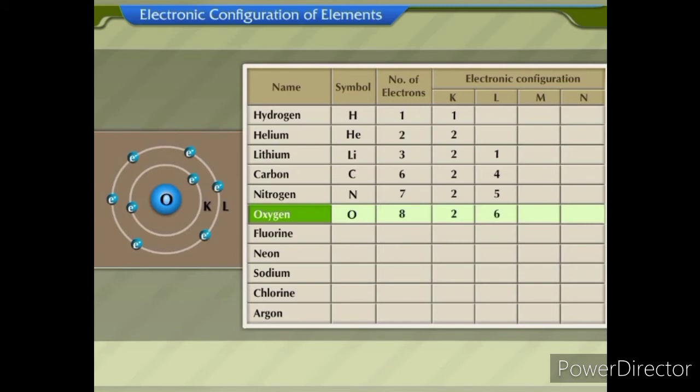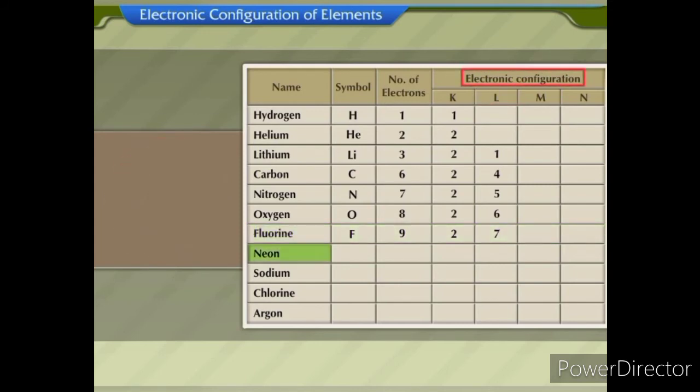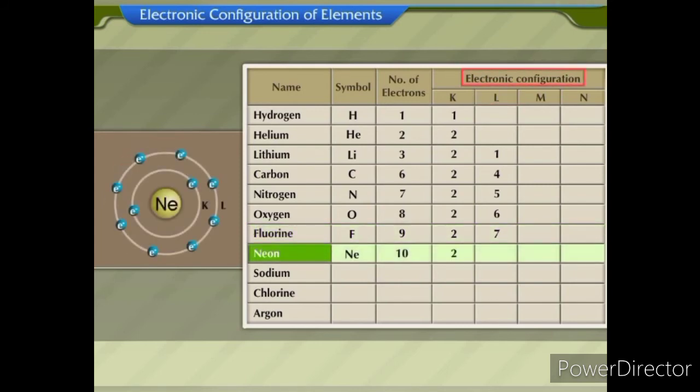This means that there are 6 electrons in the L shell. Next is fluorine. There are 7 electrons in the L shell. The electronic configuration of neon is 2, 8. This means that there are 2 electrons in the K shell and 8 electrons in the L shell.